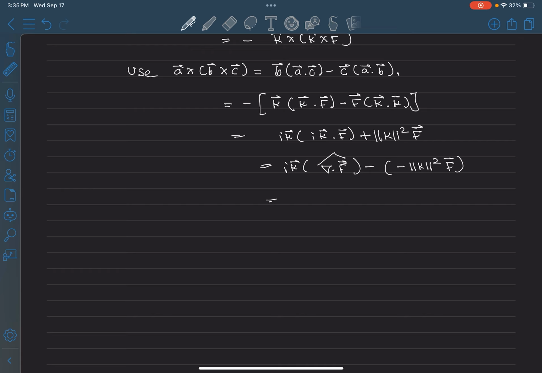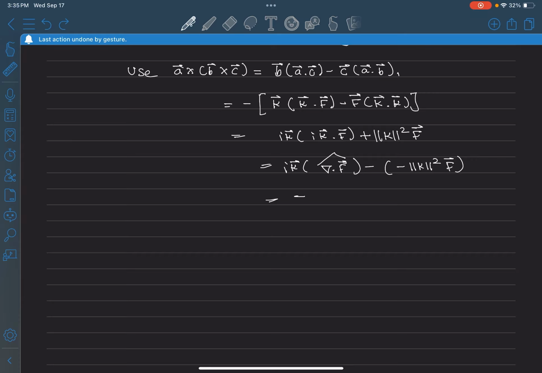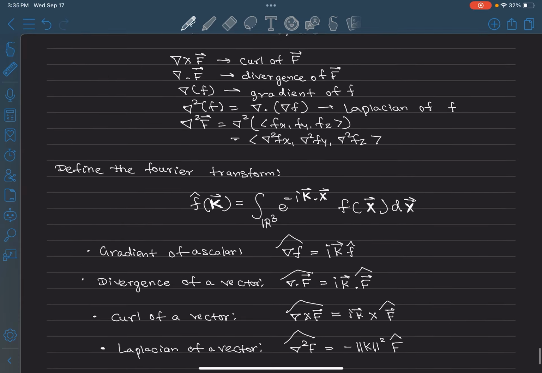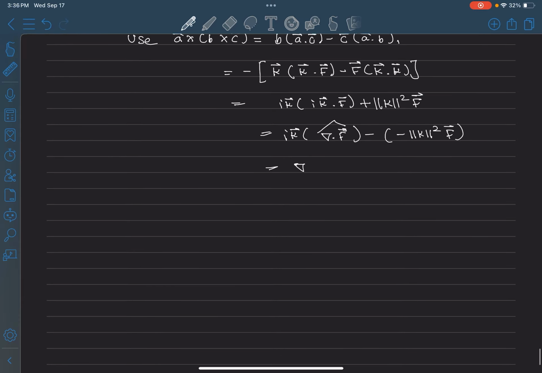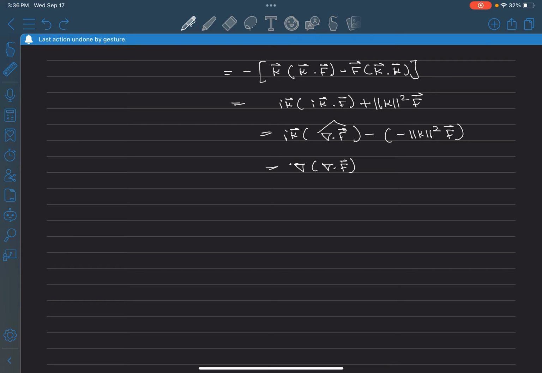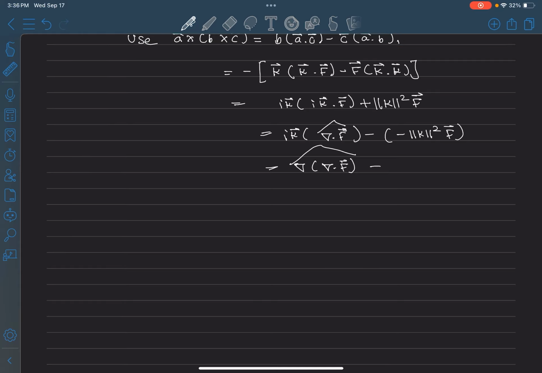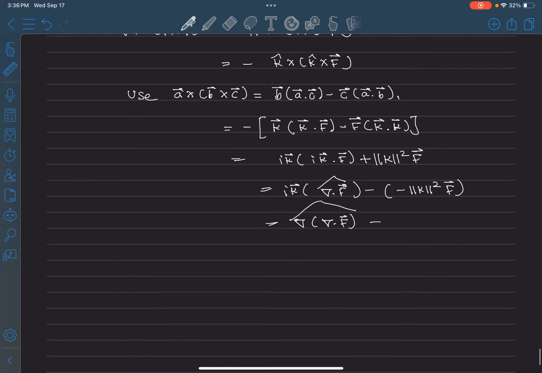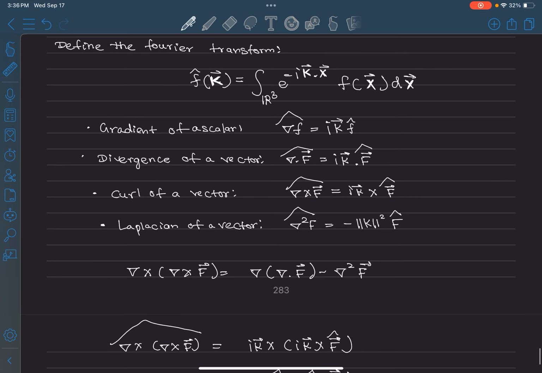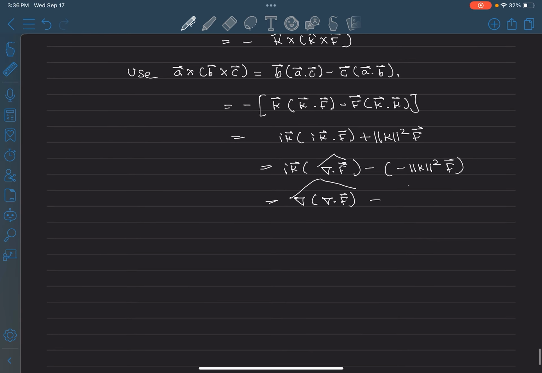Again, this is just a scalar function with ik vector, that's the gradient of the divergence of F vector, so its whole transform. Minus, and now we know that this is just the Laplacian operator and the Fourier transform.